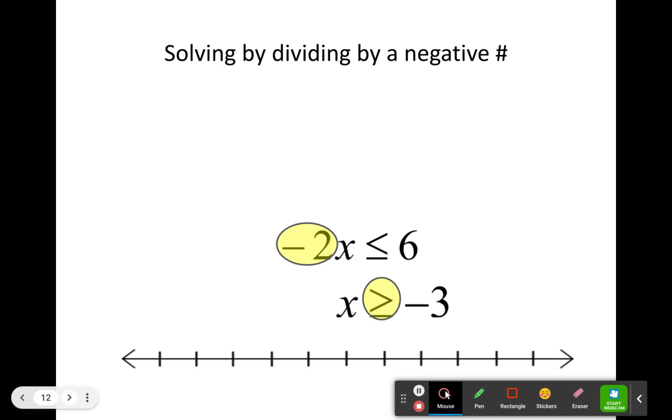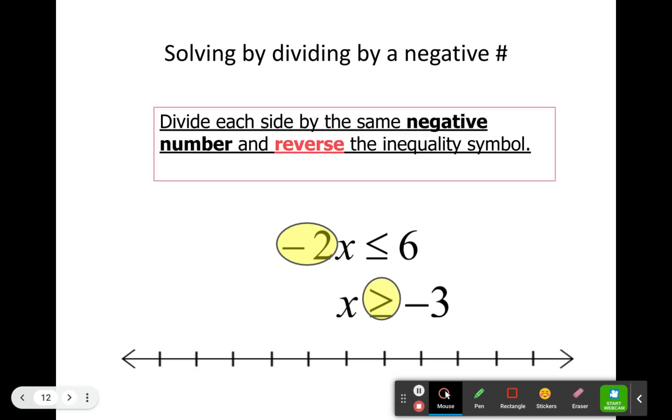Solving by dividing by a negative number, divide each side by the same negative number and reverse the inequality sign. So here, we're dividing by -2 on both sides. Then these two cancel. x is now greater than or equal to -3.